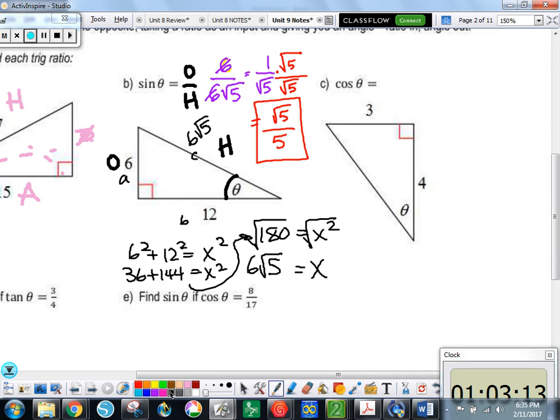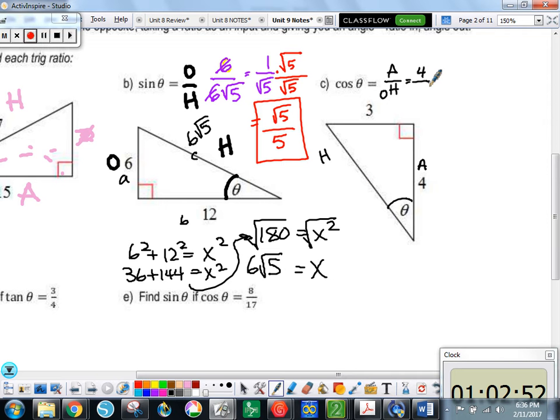Okay, so we start by labeling the sides OAH based on this angle. This is my opposite, this is my hypotenuse, and this is my adjacent. Cosine is adjacent over hypotenuse. So I have the adjacent, I just need the hypotenuse.